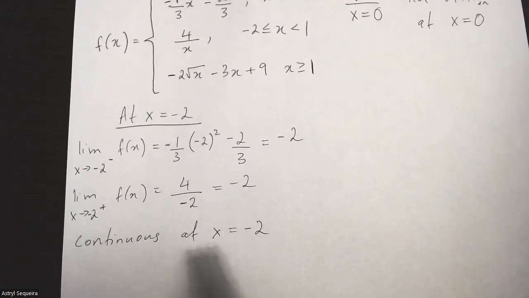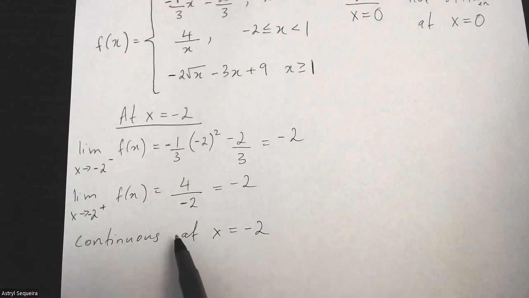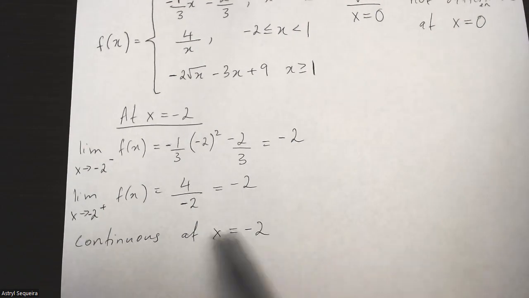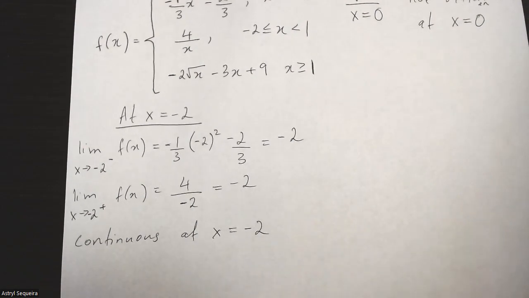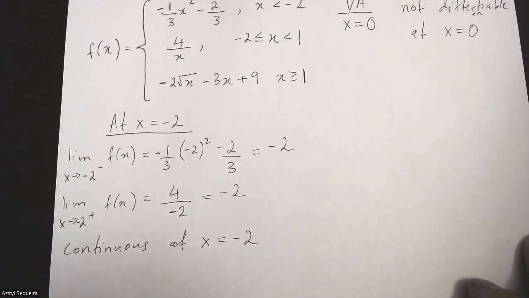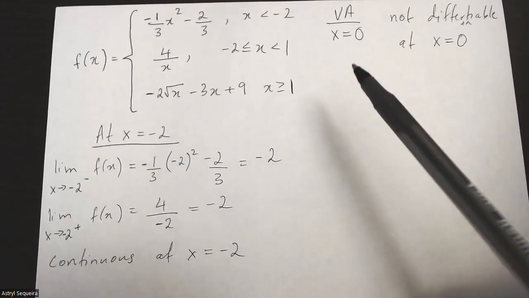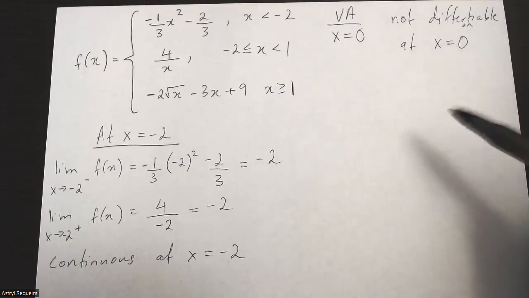Since the function is continuous at x equals -2, it is possible that the function is also differentiable at this point, but we have to do some further testing to find out. But before I do that, let me check the continuity of the function at x equals 1.